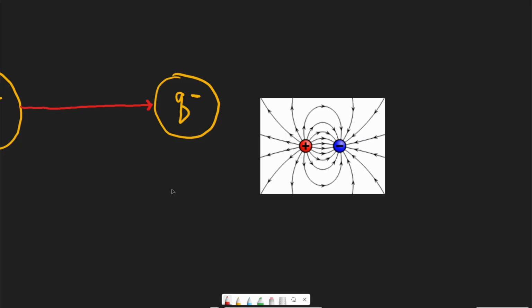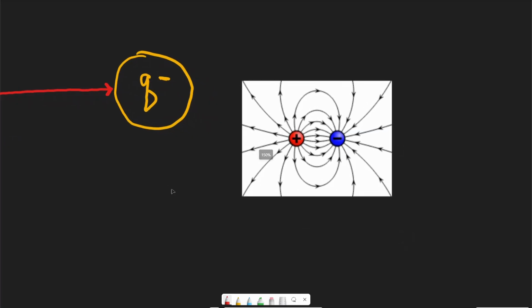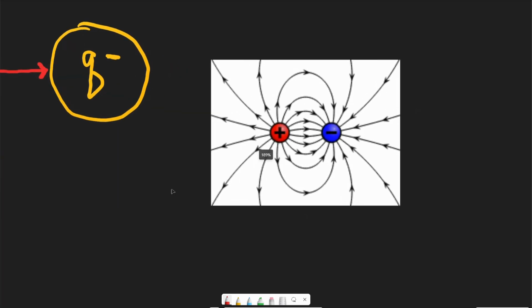And so I want to draw your attention to a couple of things. First of all, again, the arrows are always coming off the positive charges. And second of all, the density of the arrows, how close together the arrows are, tells us how strong the electric field is. So for example, we see here that the arrows are very far apart, they're not very dense, and so the electric field is very weak in this area. But here, they're very, very close together, and so that means that the electric field is much stronger.